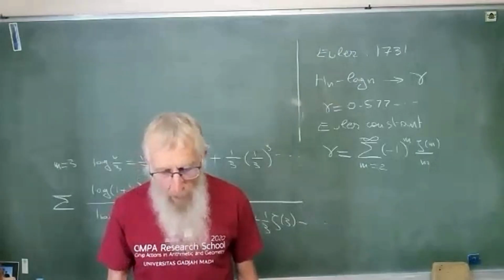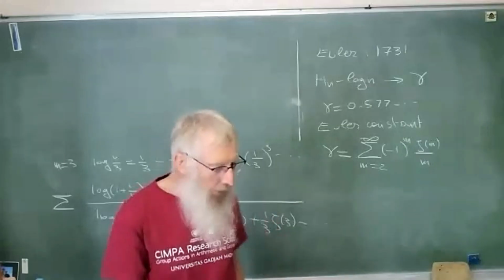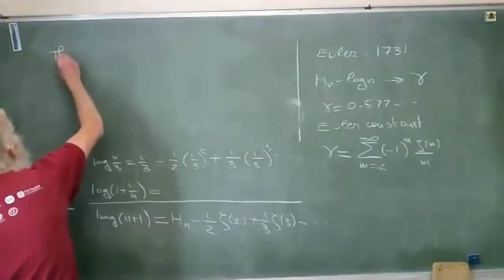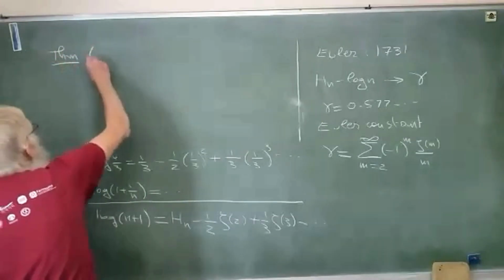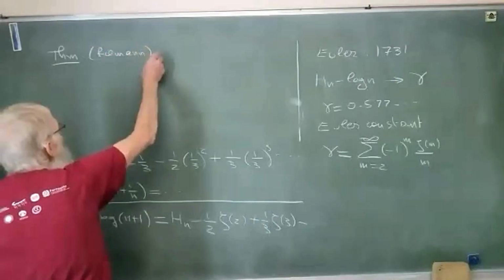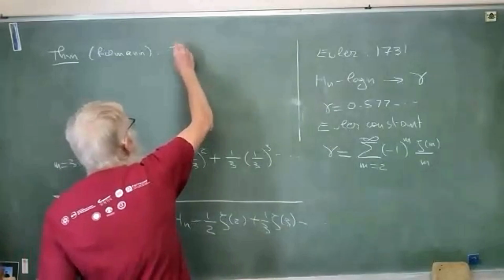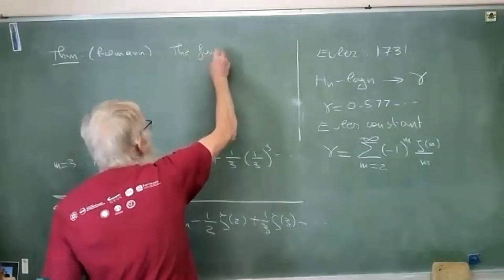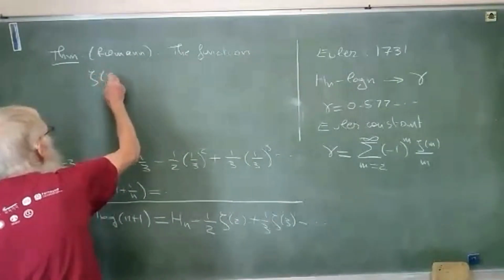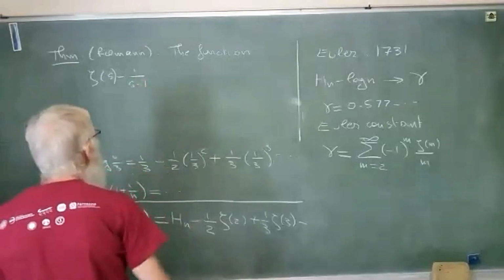Riemann, in his memoir, does not speak of analytic continuation, but we will use the language saying that the following theorem, which is due to Riemann: the function zeta of s minus 1 over s minus 1.